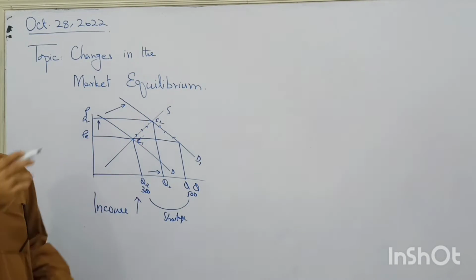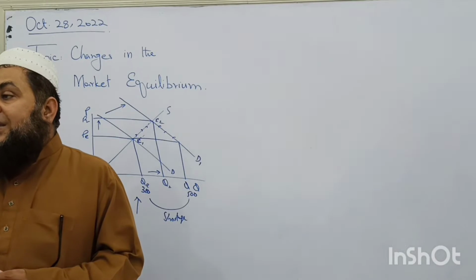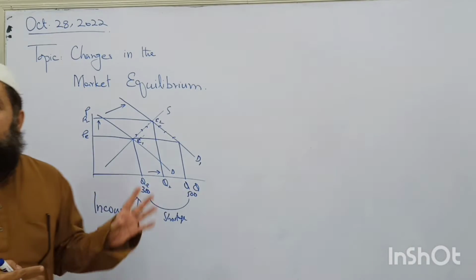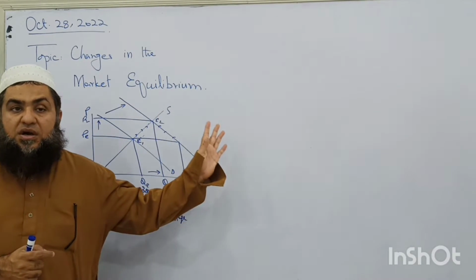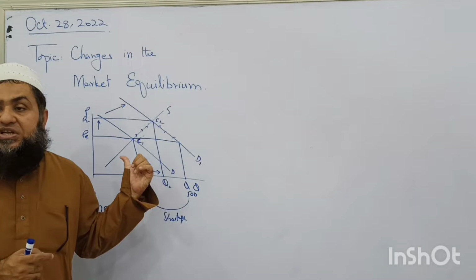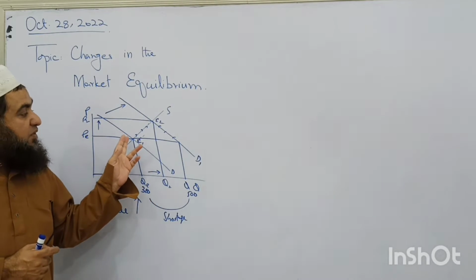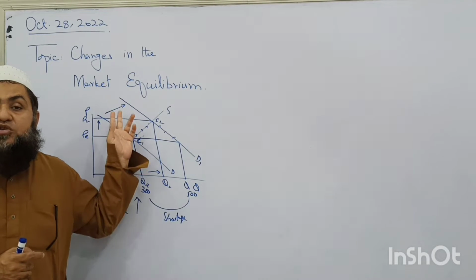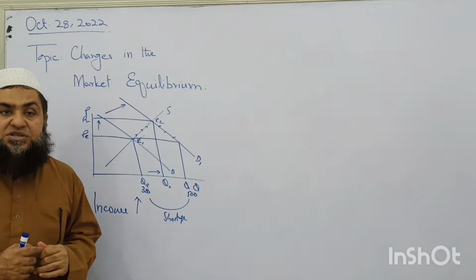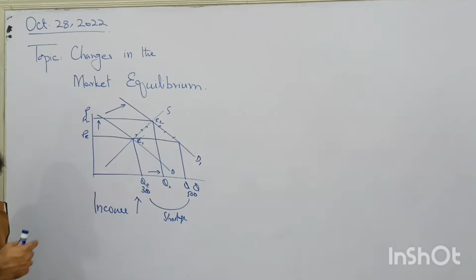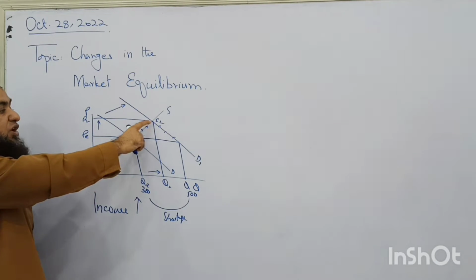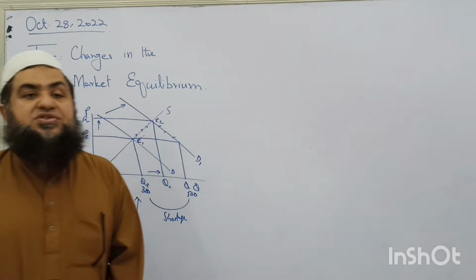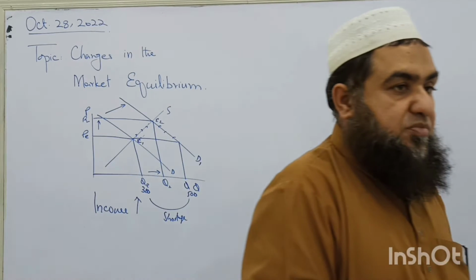And in case of the supply curve, we said price and quantity supplied are positively related with each other. That's why when demand changes due to the change in income, the equilibrium moves along the supply curve, and we find at the new equilibrium an increase in the equilibrium price and an increase in the quantity traded in the market. Clear or not?